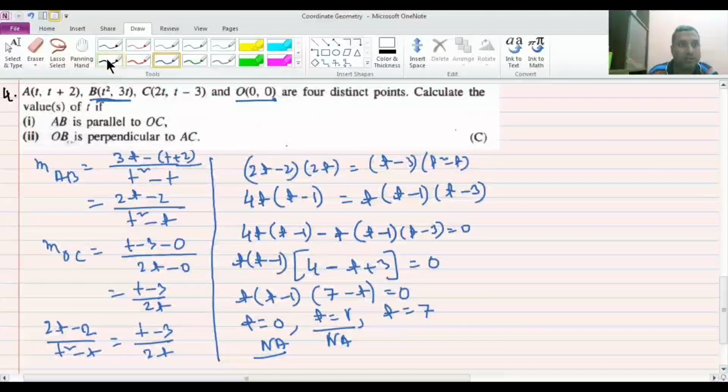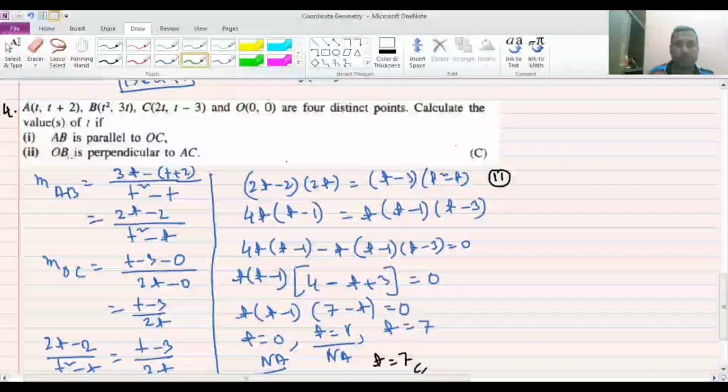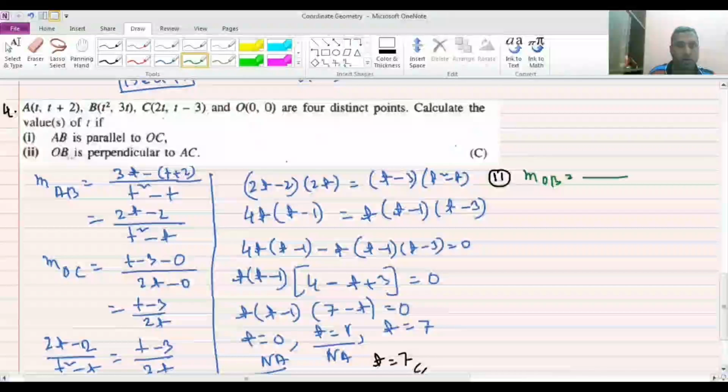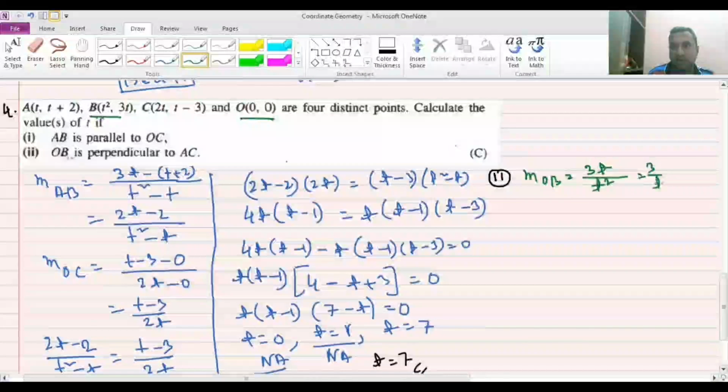Now the gradient of OB: B is here, O is here, so (3t − 0)/(t² − 0), and it becomes 3/t.